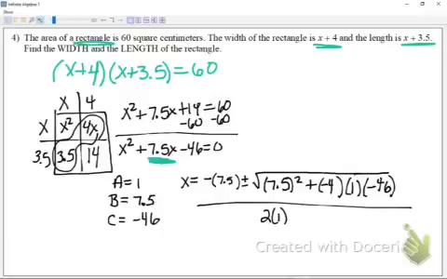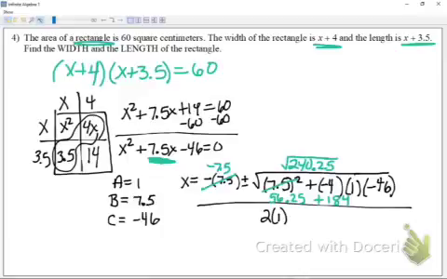So let's simplify this out. Negative of 7.5 is just negative 7.5. 7.5 squared is going to say 56.25. Negative 4 times 1 times negative 46 gives you a positive 184. Add those numbers together, and we get that this is going to be the square root of 240.25.